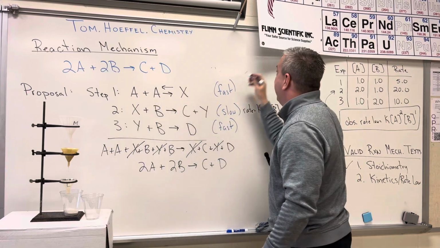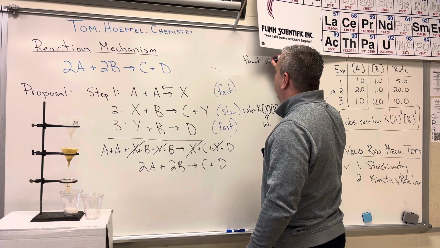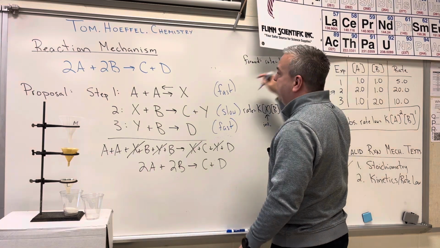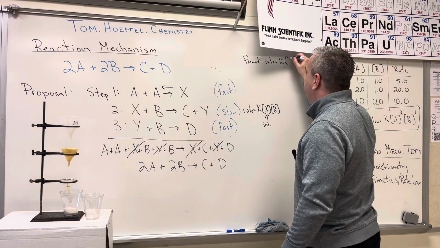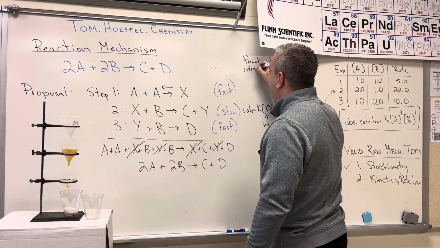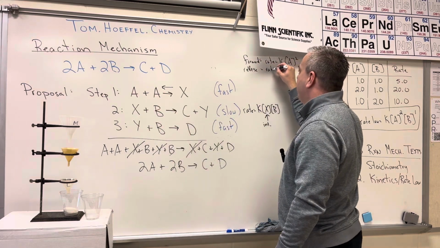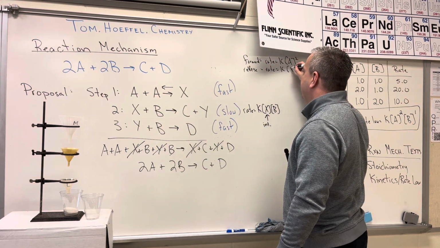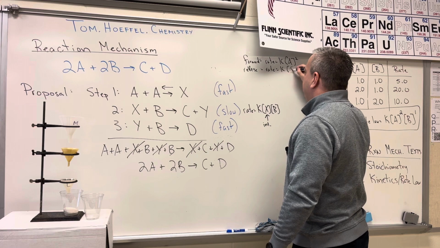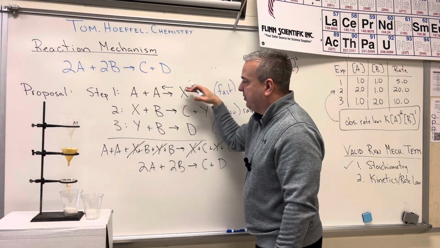The forward reaction, okay, is going to be rate is equal to K times A, which is A squared. And the reverse reaction is going to be rate is equal to K times X, okay, because X is the reactant in the reverse direction.